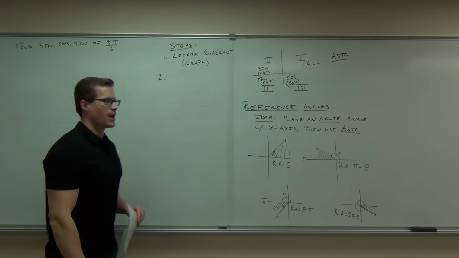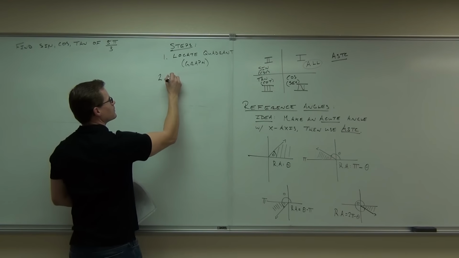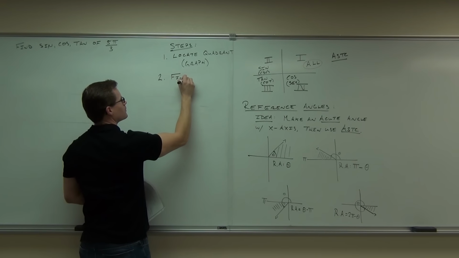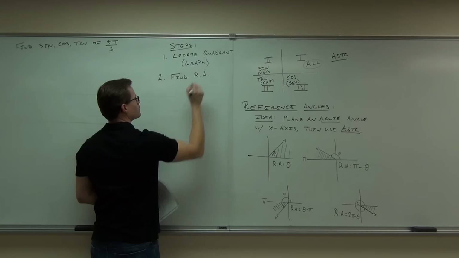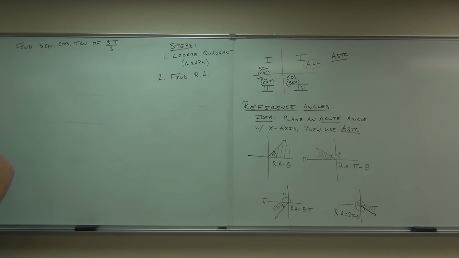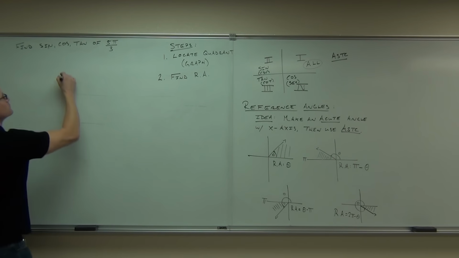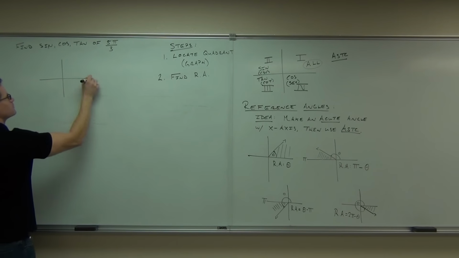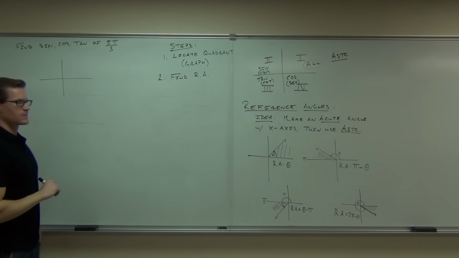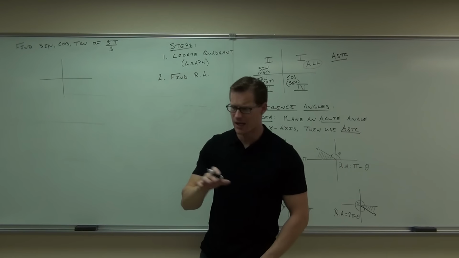The next step after that, we're going to use this idea of reference angles. Find your reference angle. So 5 pi over 3, I'm thinking I've got to cut every pi into 3 parts.